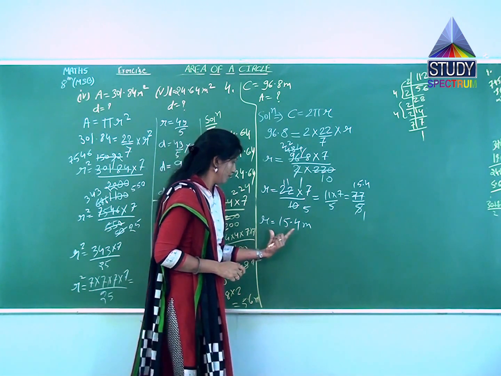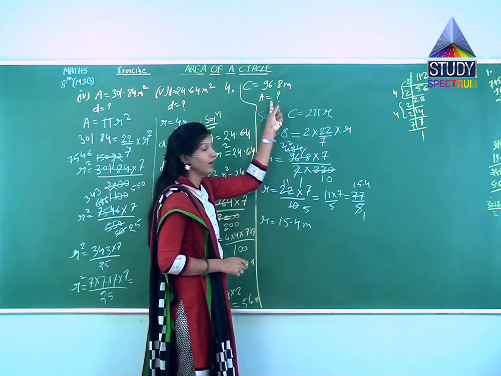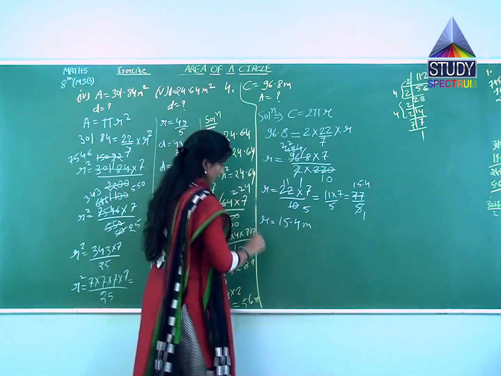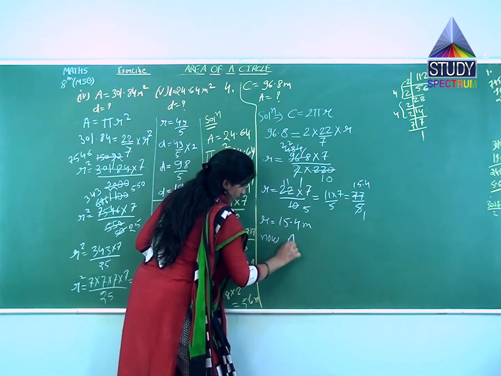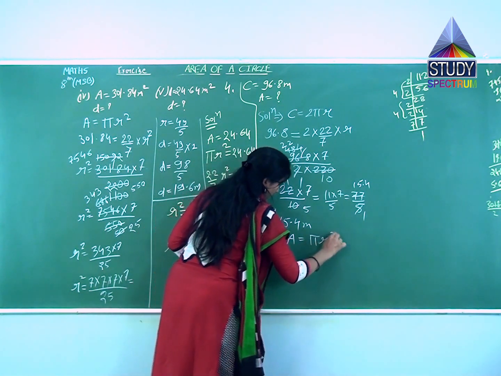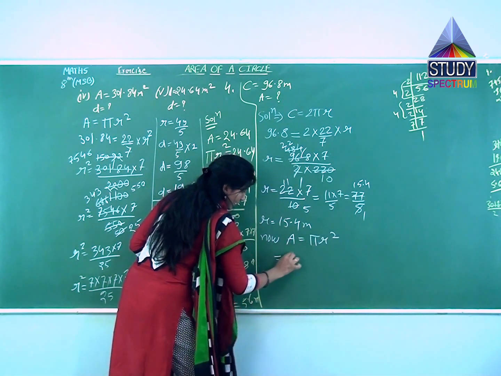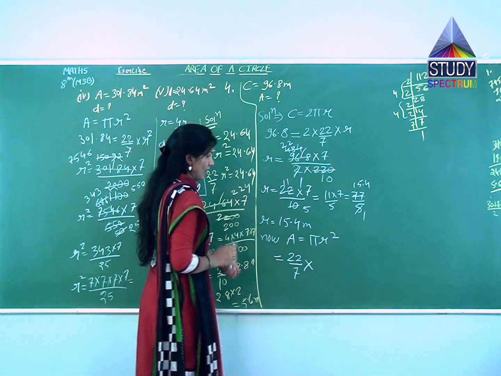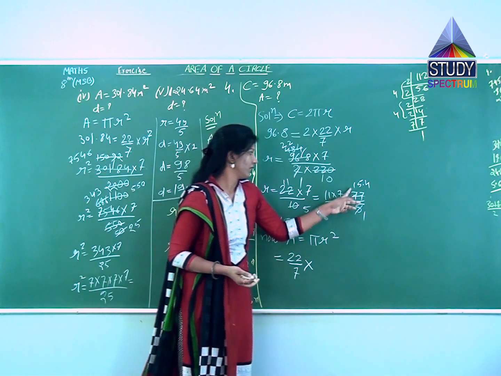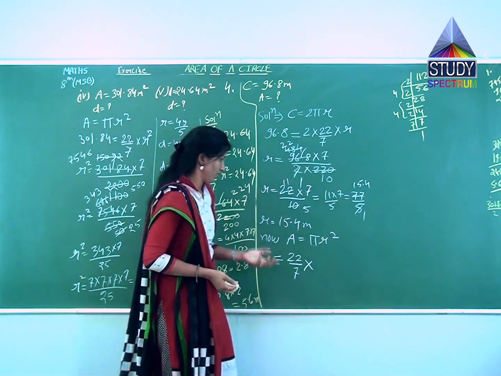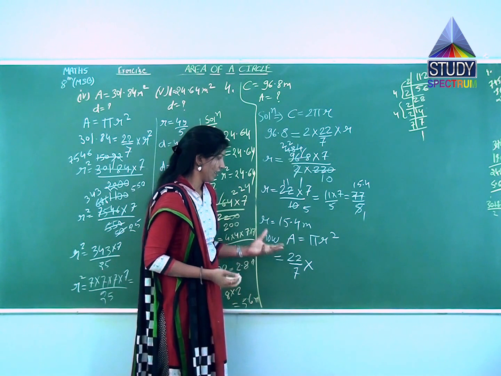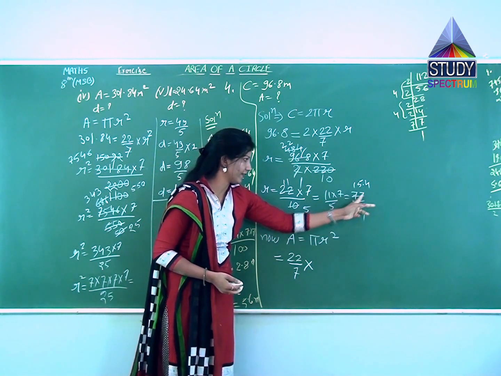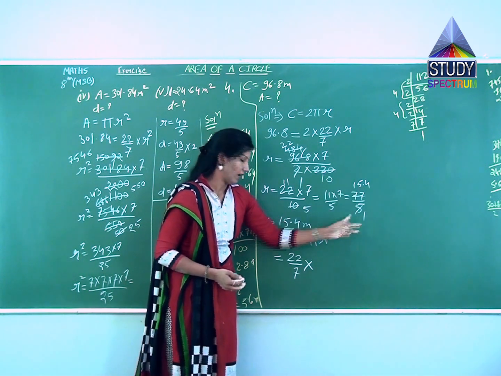Now put this value in the formula for area, because we have to find the value of area. Now area is equal to pi r square, pi 22 by 7 into r square. We can put either this value or this value. For simpler calculation we will put the value in rational form, 77 upon 5.